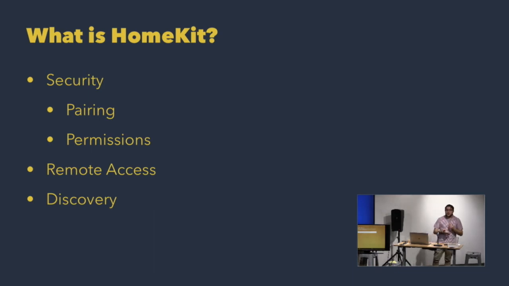But it's more than just the surface convenience of having home automation, or a connected home. This is all about security. It takes care of the pairing process in its protocol. It describes permissions and how other users that aren't you, or how members of your family, can access your home. This is, again, without exposing it to the public internet, without something that hackers can get into or that you can accidentally leave someone on the permissions roll for.